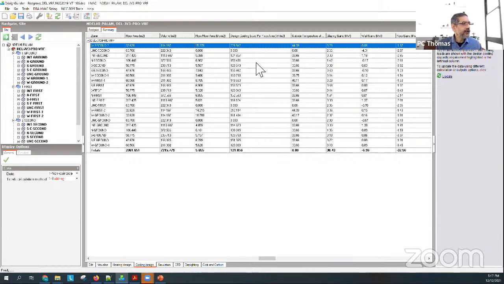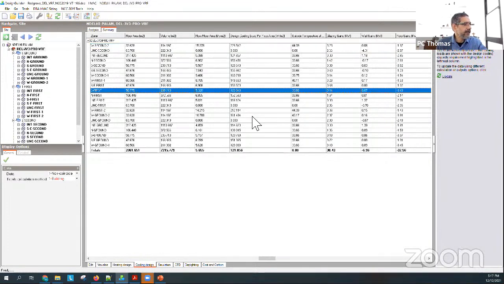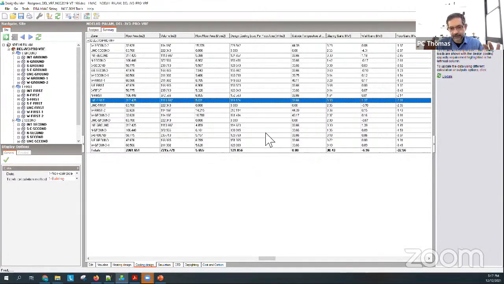So this is a very high west facing zone, so there's very high per square meter load. And you can see here, some of these loads are lower. This is 123. The internal zones will probably have the least amount of loads. They will be just the loads from the equipment, the people, the air exchange.